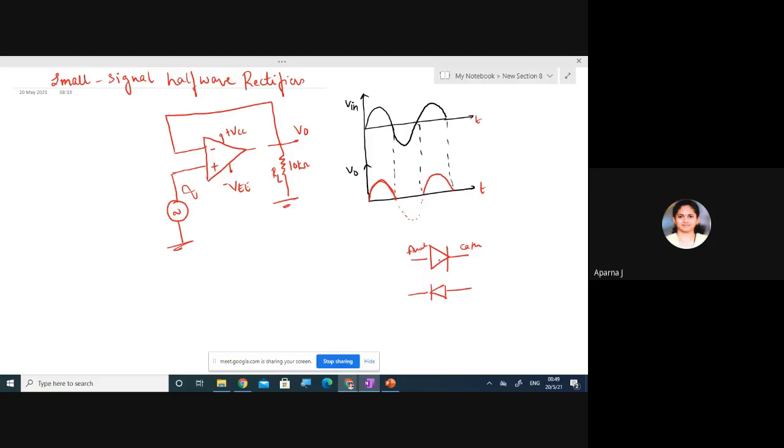You should have this diode connected such that it conducts during this positive cycle and it is reverse biased when the output is going to negative cycle. Clear? I hope you know the working of a diode.